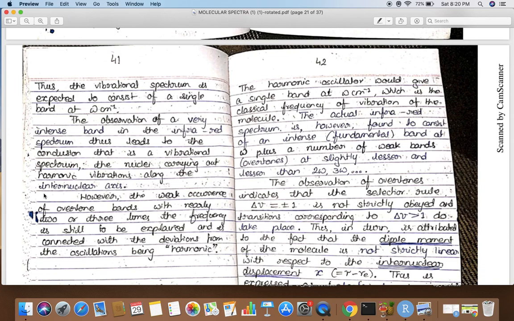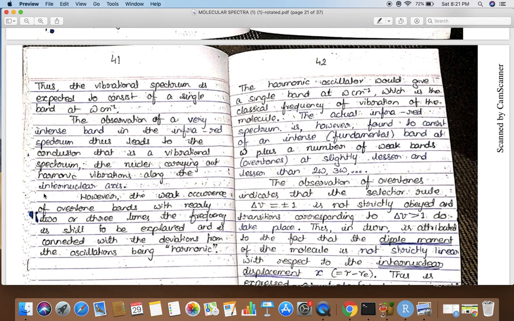So the approach we have applied here treats a diatomic molecule as a kind of harmonic oscillator. In practice, some overtones have been observed despite the selection rule Δν equal to ±1, and this slightly deviates from its harmonic nature.